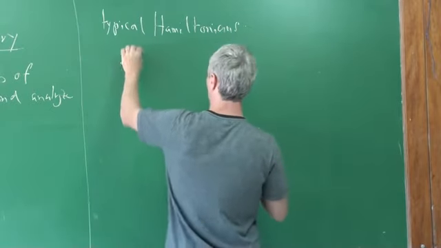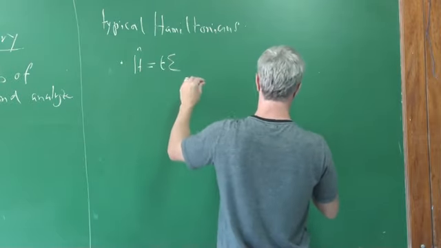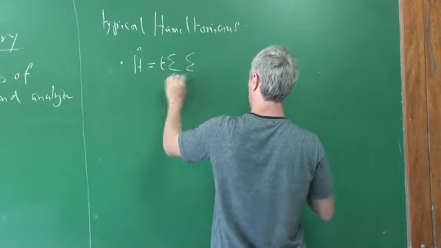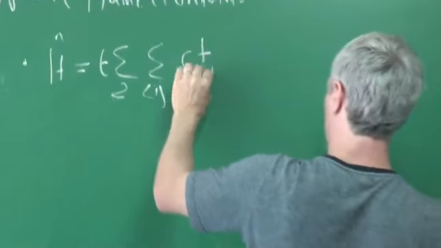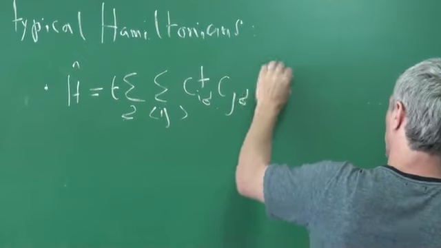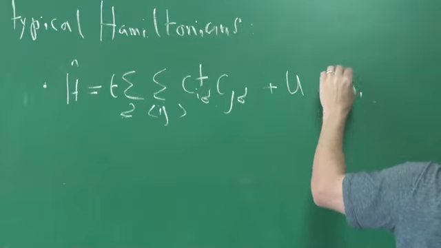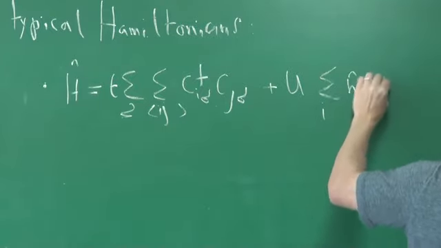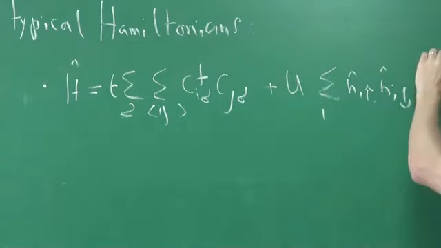Taking the Hubbard model, we give its Hamilton operator. Just write it down and explain what the different parts mean.